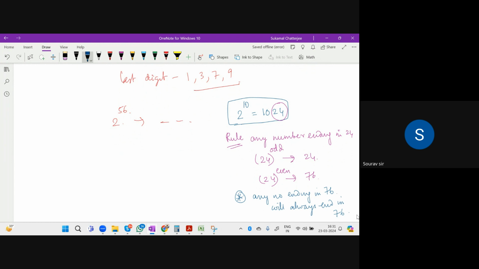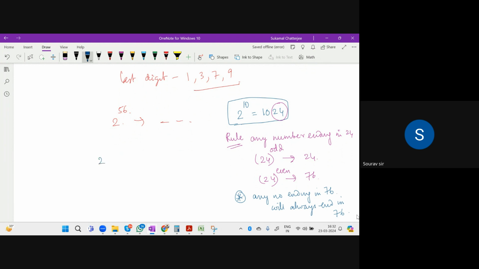Okay, very powerful rule. তাহলে we actually did only two rules. One is the rule with a number ending with 1. That was the first rule I said, and this is the second rule I said. Right? So any number ending in 24 will end in 24 or 76 depending on the power, whether it's odd or even. Right? So now what should I do?